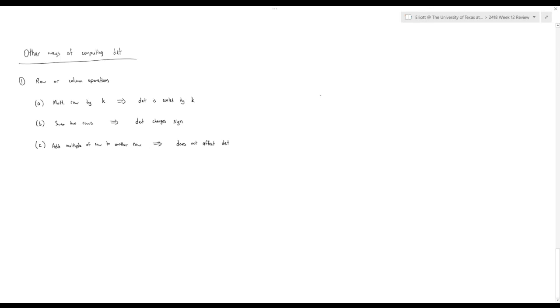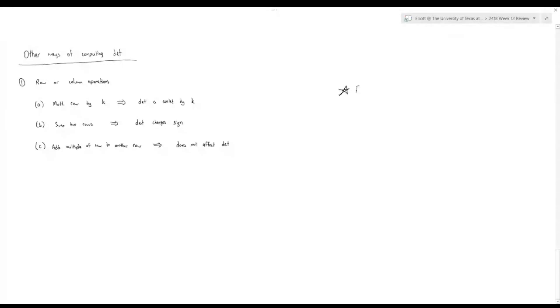Now, one fact I need to mention before my example. I'm not going to prove it, but you can figure it out using the big formula without too much difficulty.